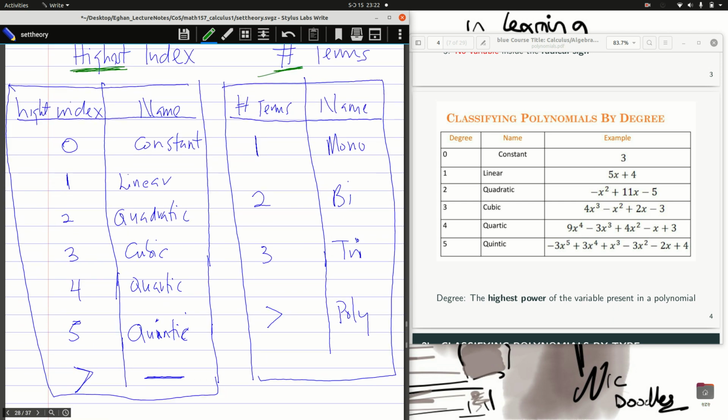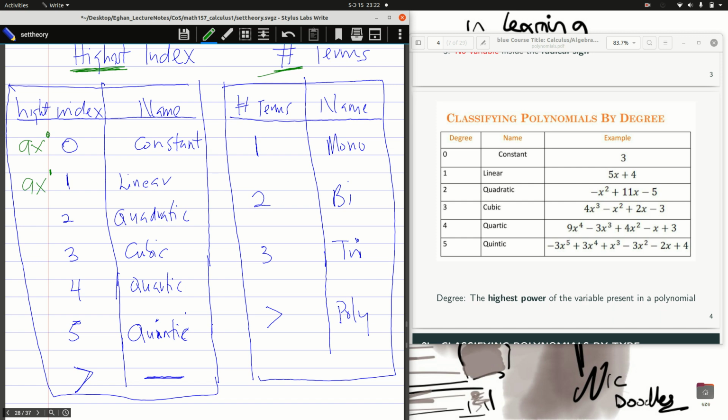So look at the table here. If the highest index is 0, it means you have just a. It's as if you have x to the power 0. The highest index is 0. It is a constant polynomial. If I have ax, it's as if I have x to the power 1. It is linear.